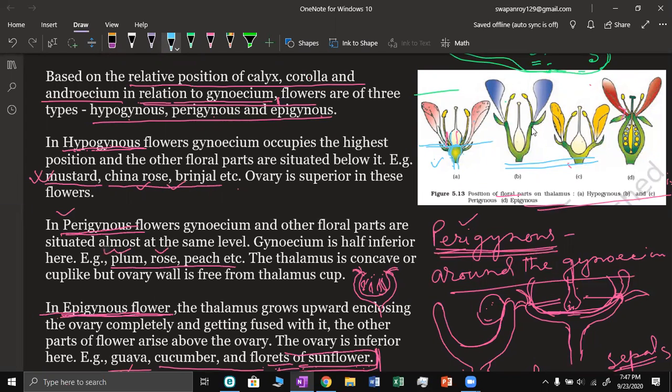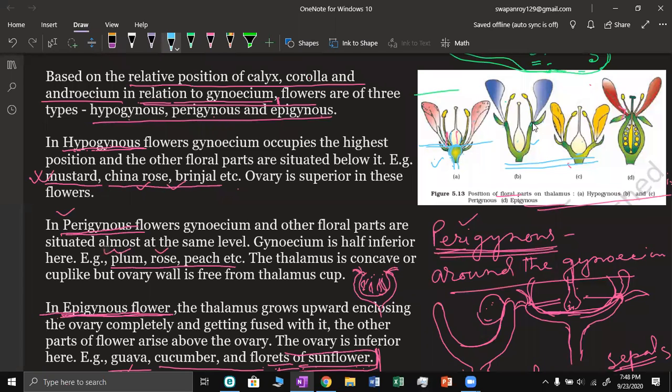Here you can see this is the thalamus. This thalamus has formed a cup-like structure. In this also, here it is a shallow cup, here it is a little bit deep, a very deep cup is there. And so the ovary is situated at the center, and the calyx, corolla, androecium are at the rim of the thalamus.